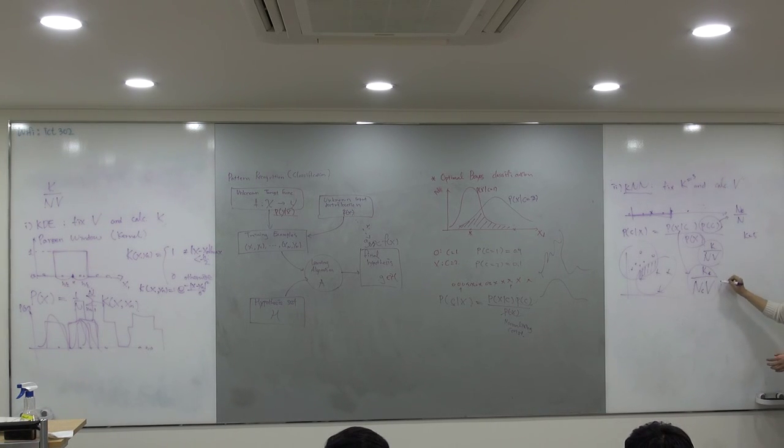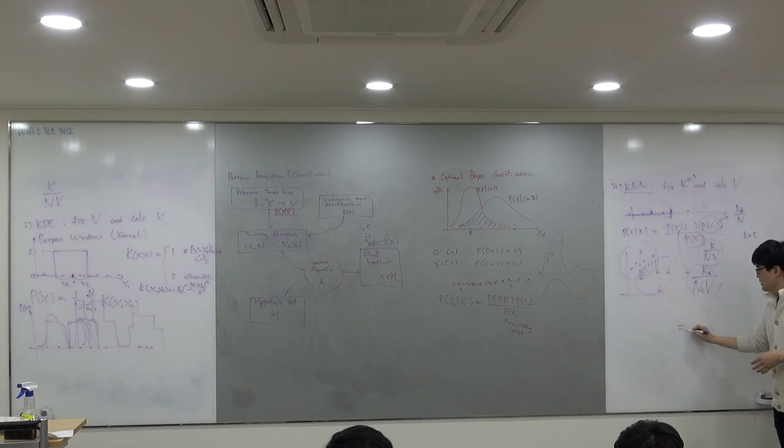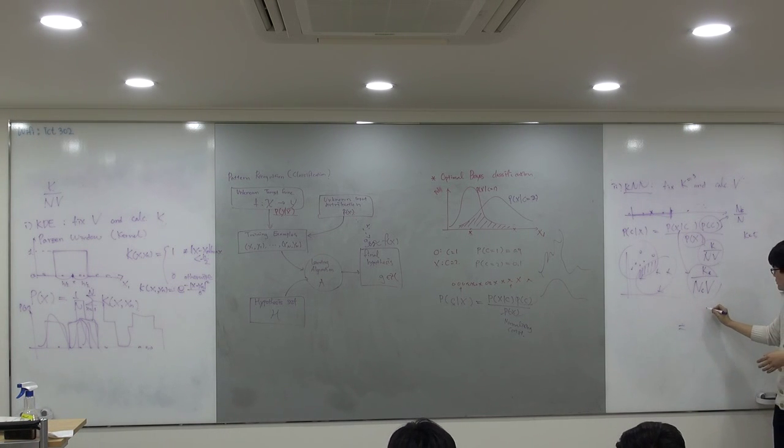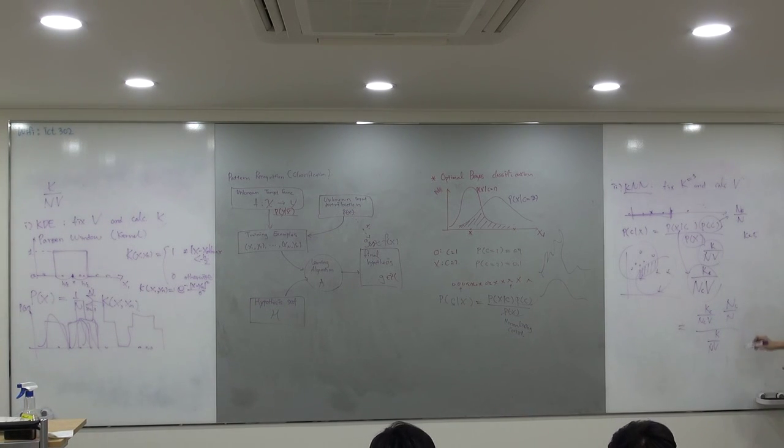So this one is NC over N, this one is K over NV, and this one is KC over NCV. So if you compute this, N goes away, V goes away, and NC goes away. Then what you get is KC over K.